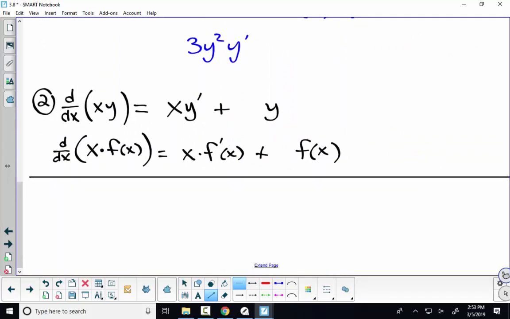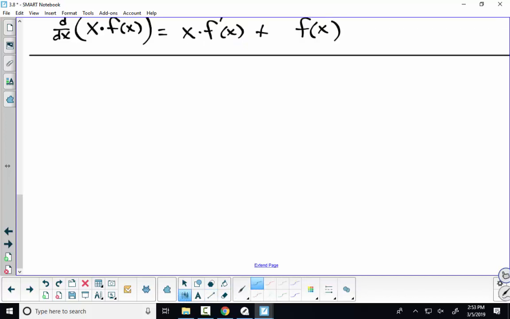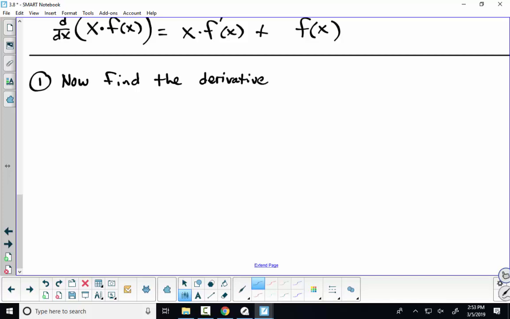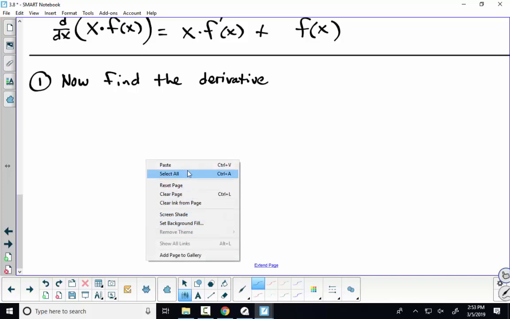There's our sort of secondary work for that one. Let's just say that they ask 1, now find the derivative. So usually it involves, you've got to take the derivative of the equation and solve for y prime. That's typically the steps involved when you apply the technique of implicit differentiation.